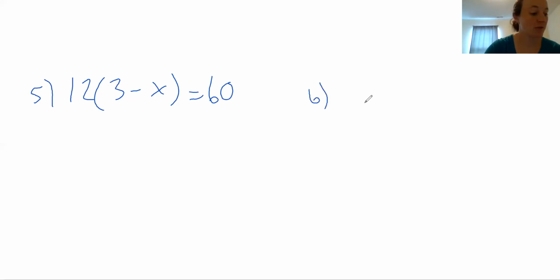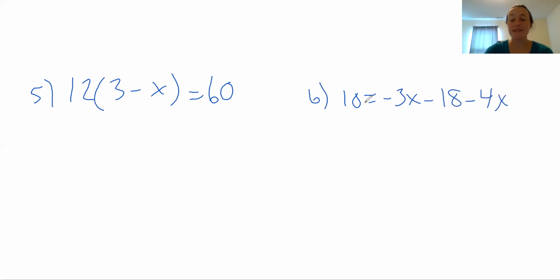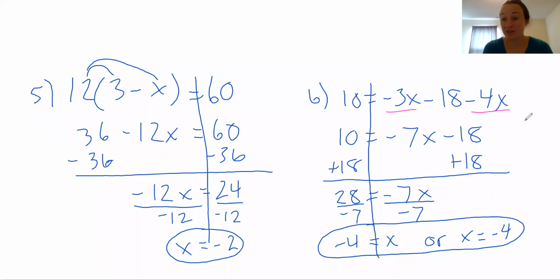And the second equation that I want you to try is 10 equals negative 3x minus 18 minus 4x. Pause this video, work both of these out in your notebook. When you have answers, play the video and we'll see how we did. Don't be cheating. You better have these answers already down on your paper and you're not just copying. You guys have brains, use them.